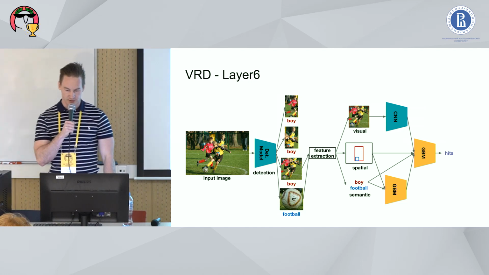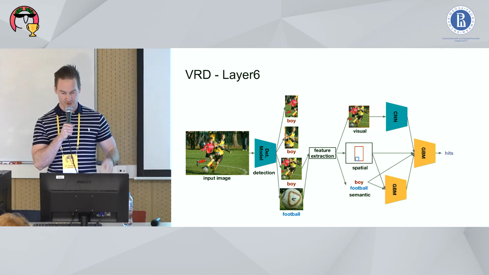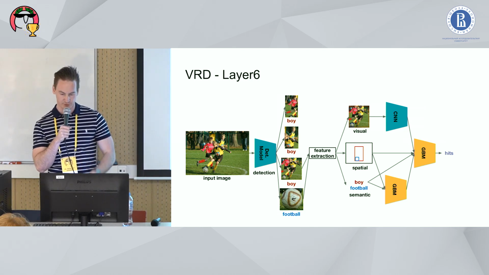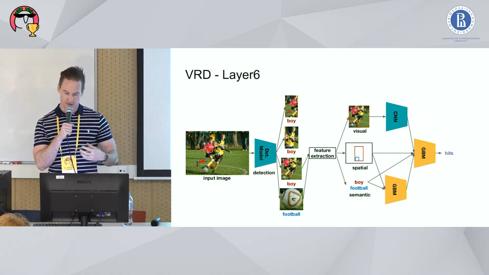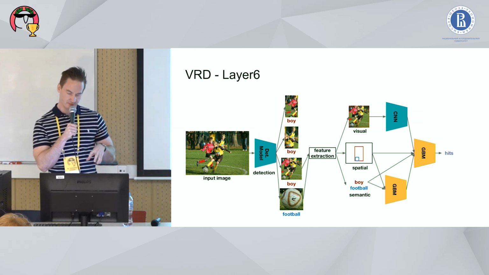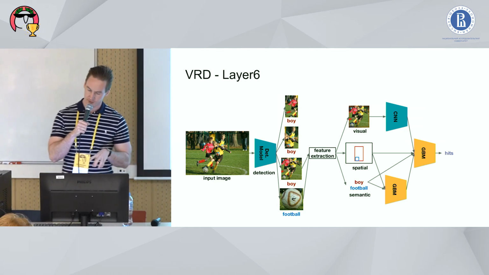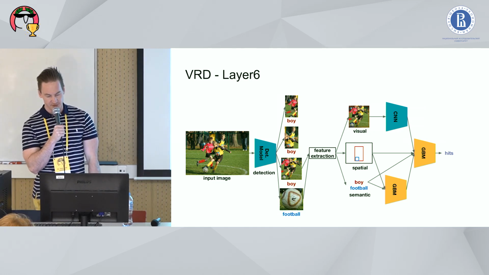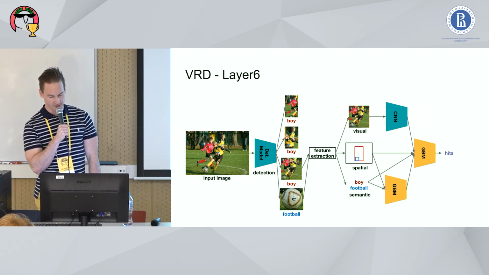For example, you can create features based on the spatial placement of these objects: area ratio, sorry, distance between these bounding boxes, angles, areas, and so on. And also you have the prediction of the classes.